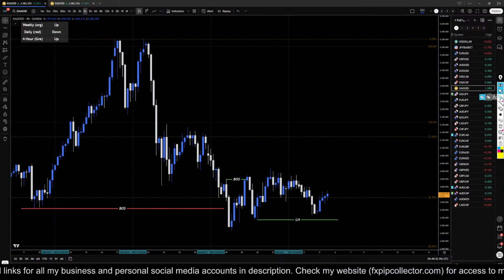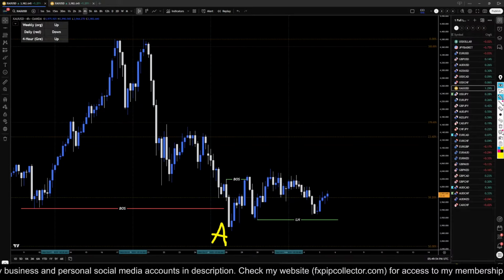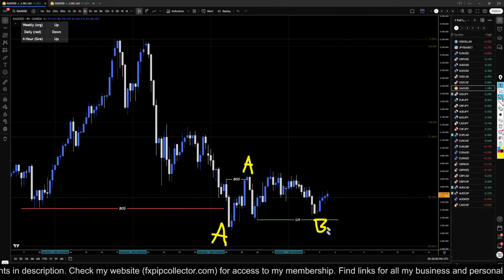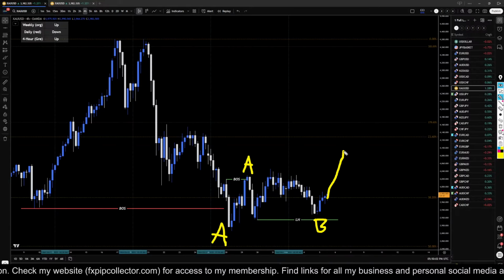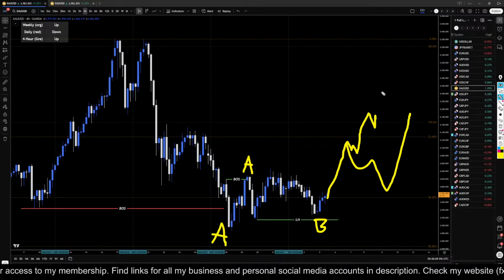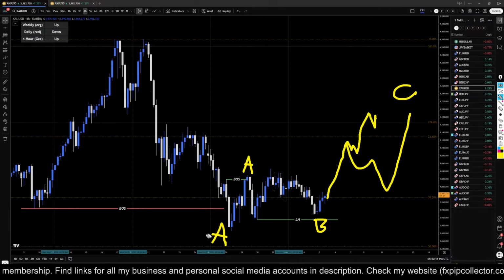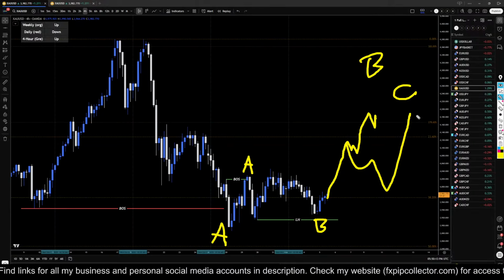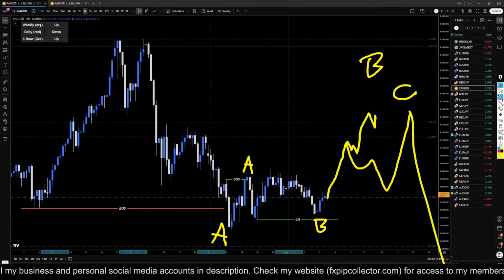But I think that we have 3 waves down for the A. I agree with what Menu said yesterday, which is this is an AB. It's probably going to go up either 3 waves up or 5 waves up, like this, or maybe like this for wave C. And then there's your A, and there's your B, and then down for C. I still think that's the most likely scenario, but it could turn into so many different things at this point.